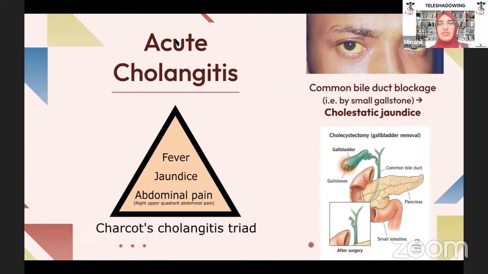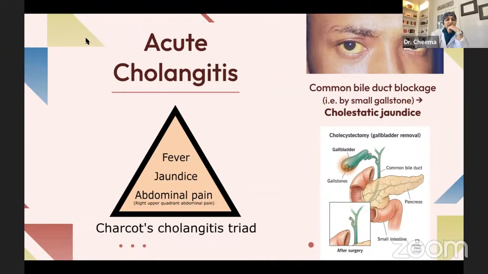It can be caused by small gallstones leading to common bile duct blockage. And if you see cholestatic jaundice, you need to still suspect on your differential the need for a cholecystectomy, right? A gallbladder removal. After surgery, you just remove the gallbladder because it's considered an acute emergency. Good, very good. So it's an acute condition that needs to be treated urgently.